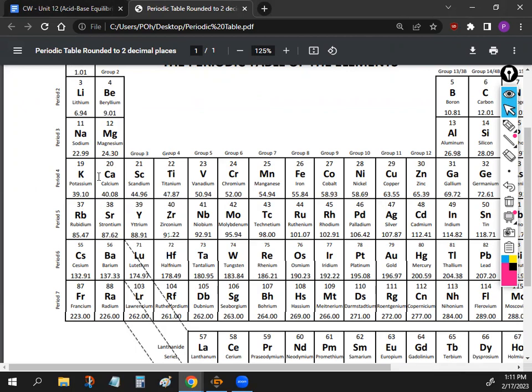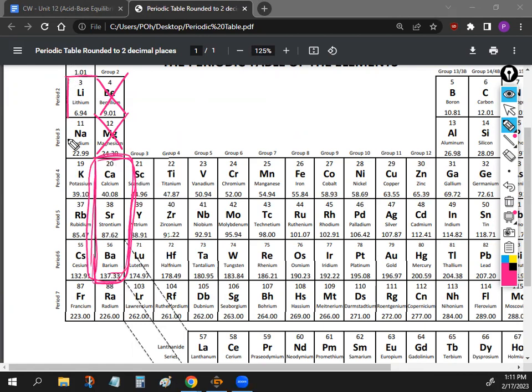Beryllium hydroxide and magnesium hydroxide are not strong bases. It's going to be the heavier ones, these down here. Usually barium's the one that they go down to, not radium. These three are the good ones to remember. So this column, the first column, and then the second column starting with calcium.